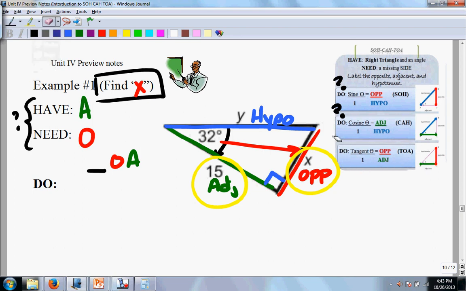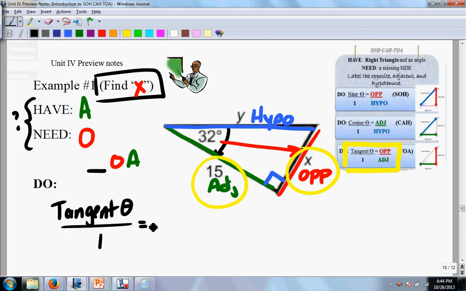So you want to write this ratio exactly as you see it. Do not plug anything in. Get in the habit of writing the ratio exactly as you see it, which is tangent of the angle theta over 1 equals the opposite side over the adjacent side.